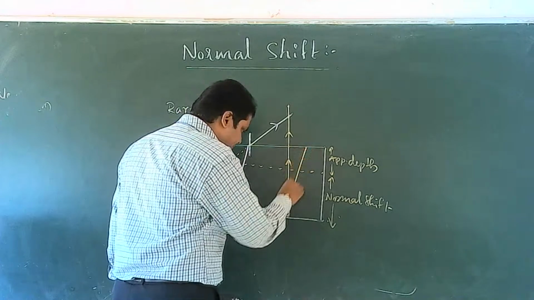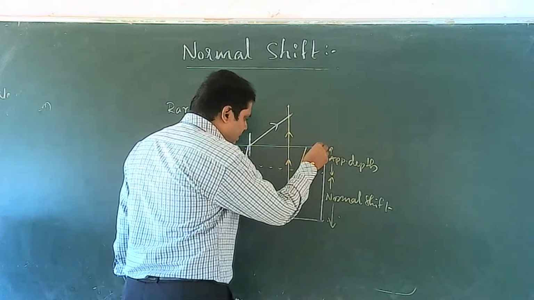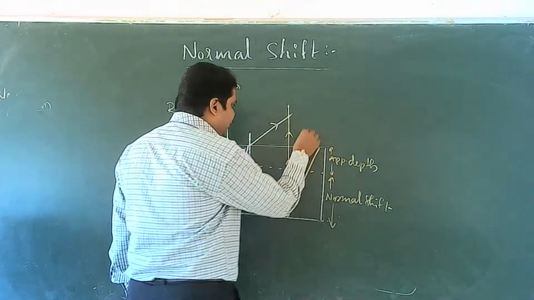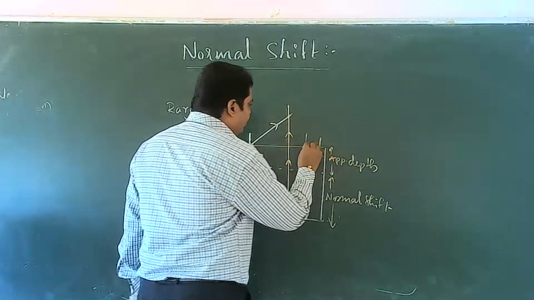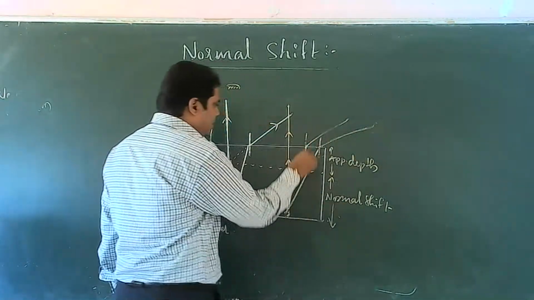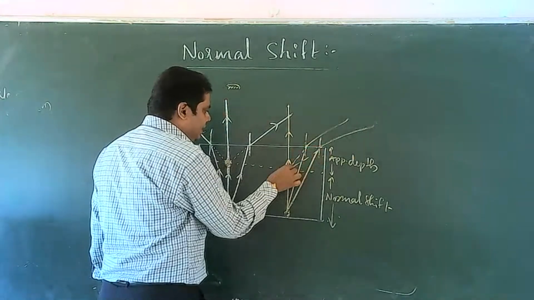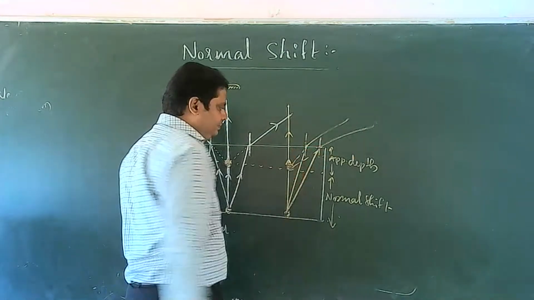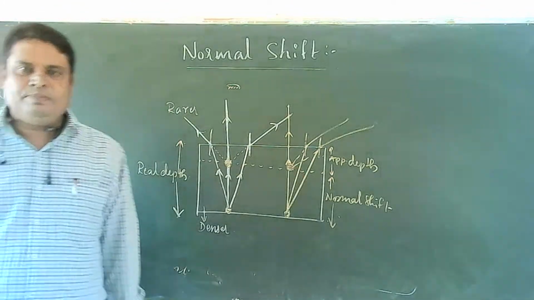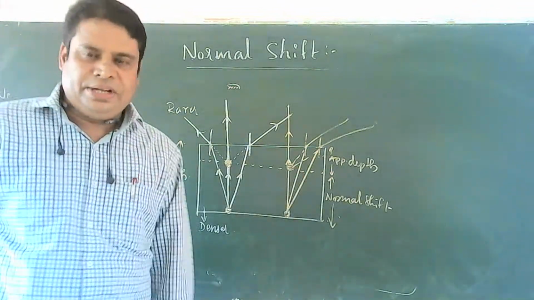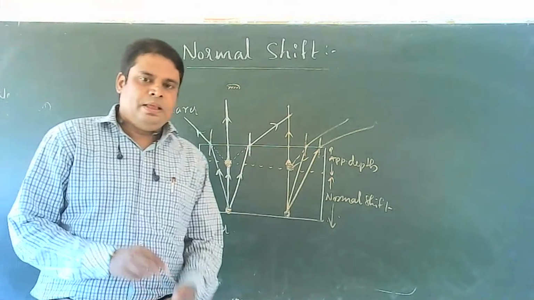See here. Let this be the first ray and this is the second ray. Okay? We know they will move like this. If you trace it back, the image will form. Here too we observe what? There is some apparent shift in the position of the object.